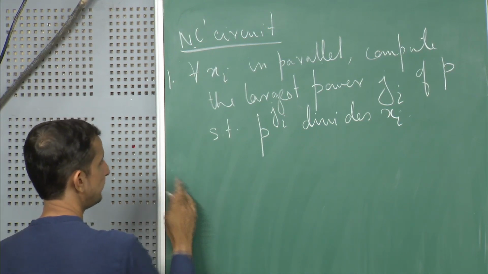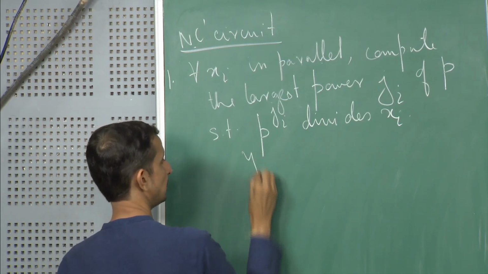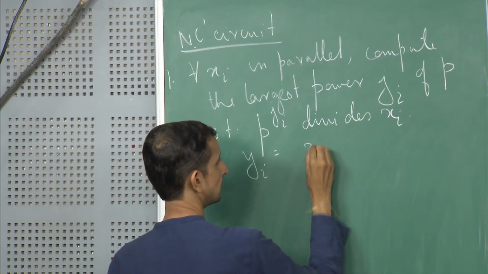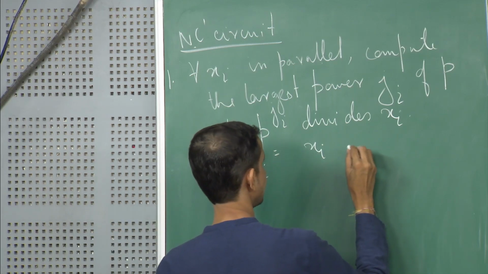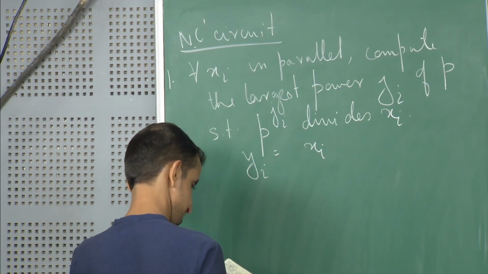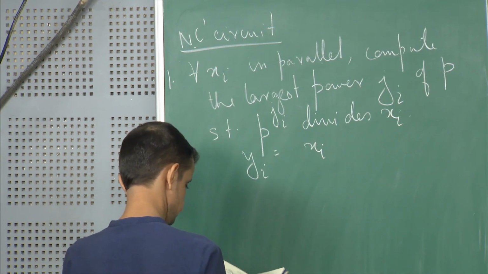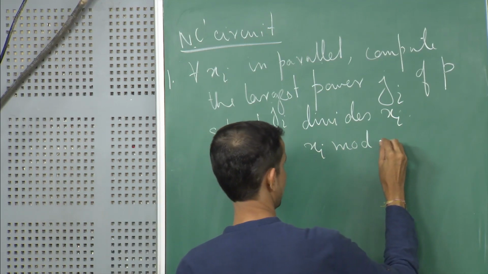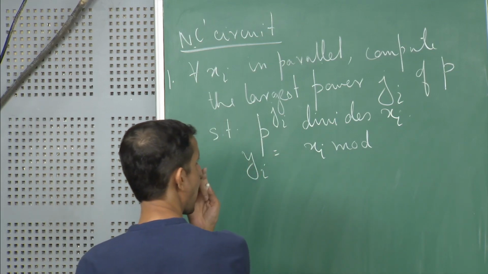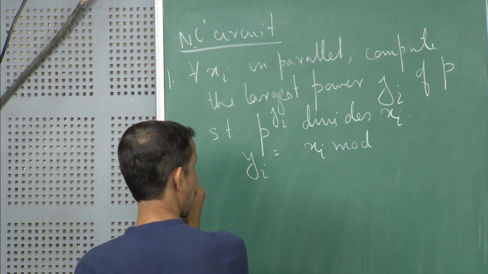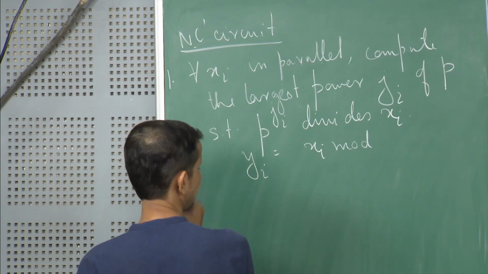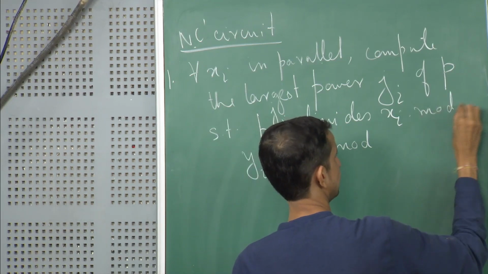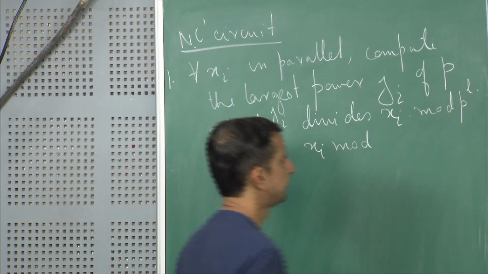Next, we set the following. We will set yi as xi mod p to the power l.